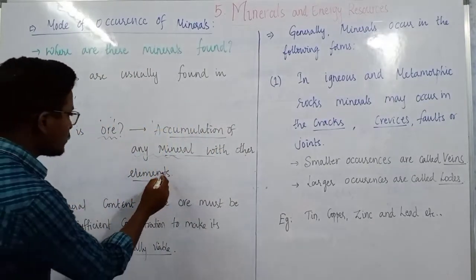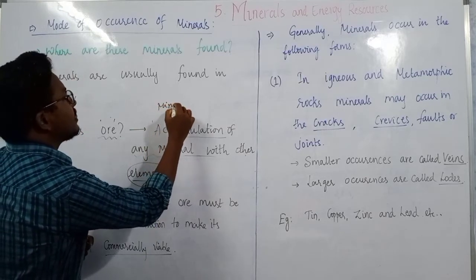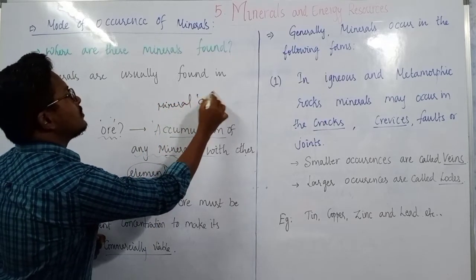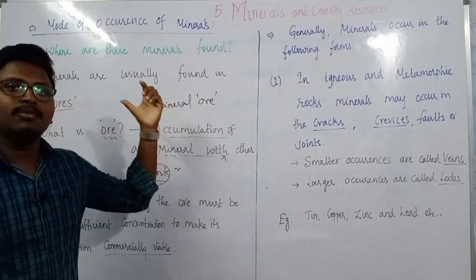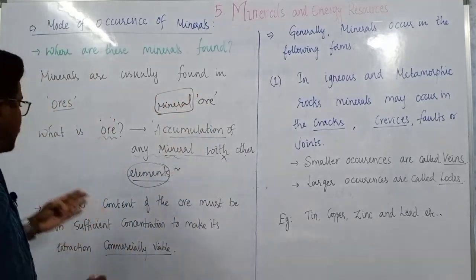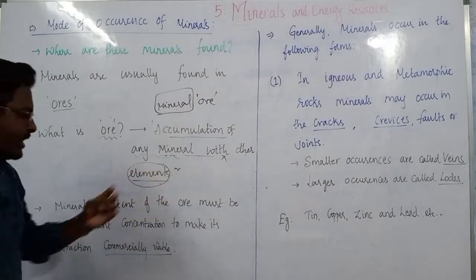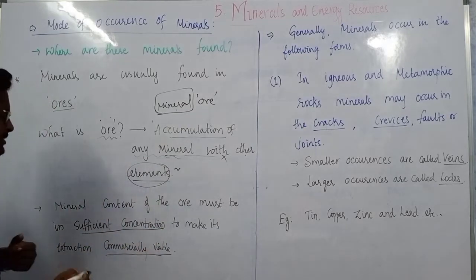If we can remove these other elements, we can extract the mineral from the ore. So if we remove these other elements or waste contents from the ore, we will get the original mineral. And the mineral content of the ore must be in a sufficient concentration to make it commercially viable.